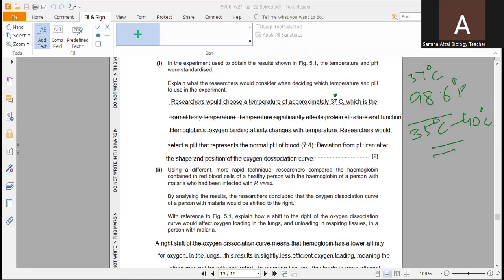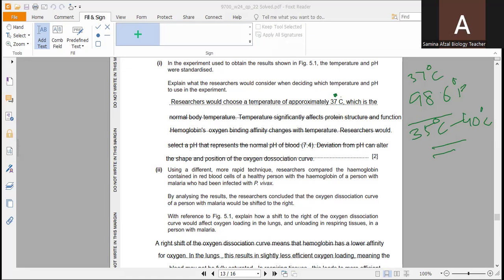If temperature is more than normal, the oxygen binding affinity will change. Using a physiological temperature allows for accurate representation of oxygen transport in the body. So researchers would select a temperature very close to the body temperature.